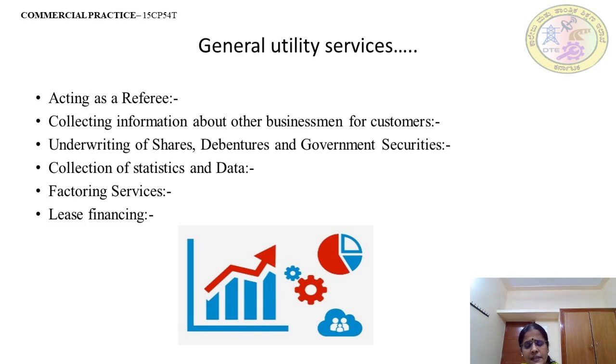For what purpose is this arrangement made? This continuous arrangement is made for the selling of goods and services to trade customers, whereby the factor will purchase the book debts of its clients, administer the sales ledger of the client, and provide prepayment to the client against the book debts purchased.